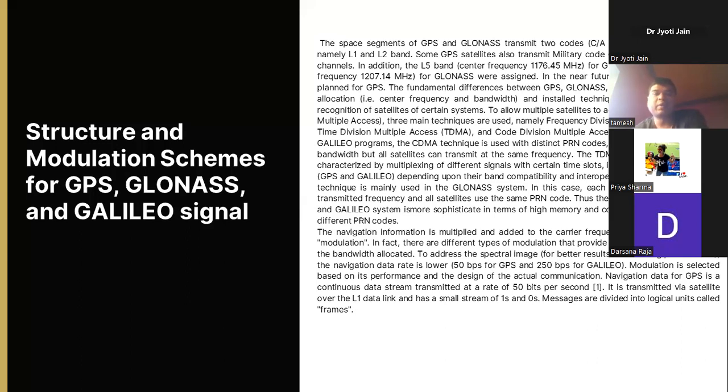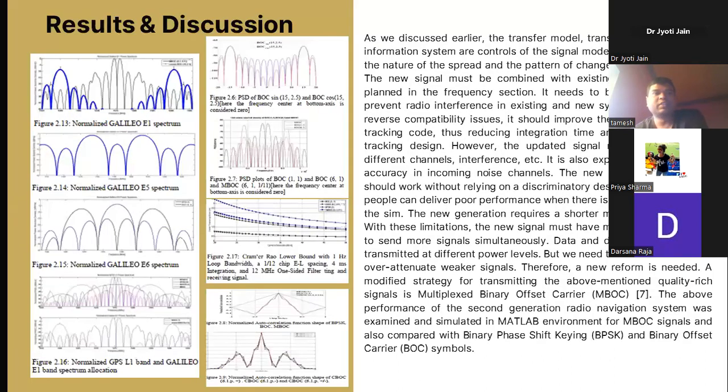But we have to keep in mind that 0 means 1 and 1 means -1 in the bipolar decomposition. So this is the result. The MBOC signal and the L2 band signal, the Galileo L5 E5 signal is like that. The Galileo E6 has this, and GPS L1 and Galileo compatibility is there.